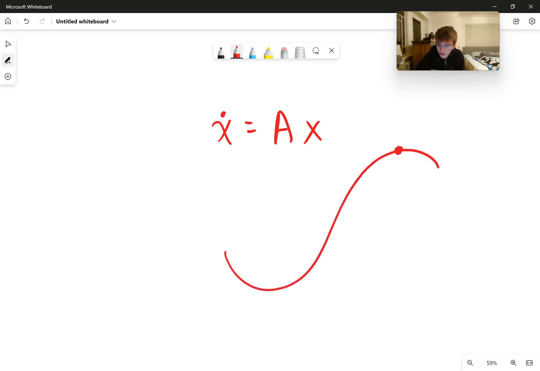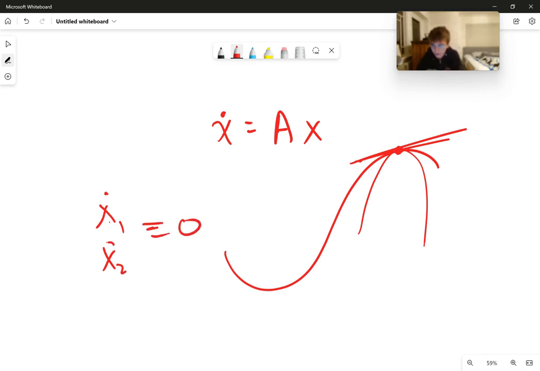You can Taylor expand around this point, and I can get a line or even a parabola, based on how many degrees of my Taylor expansion I choose, that approximates the function around that point. So we're actually going to be doing this with systems of nonlinear differential equations, where we look at the fixed points of those systems, i.e. x1 dot, x2 dot is identically equal to 0, okay?